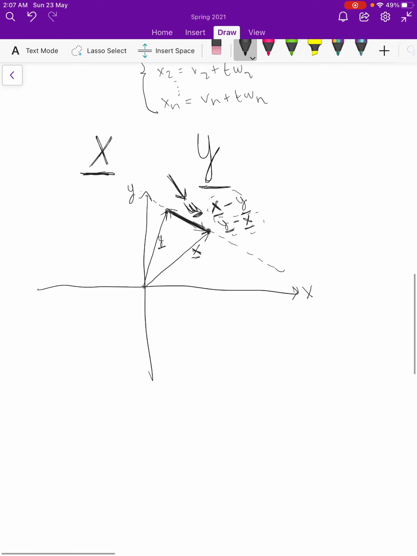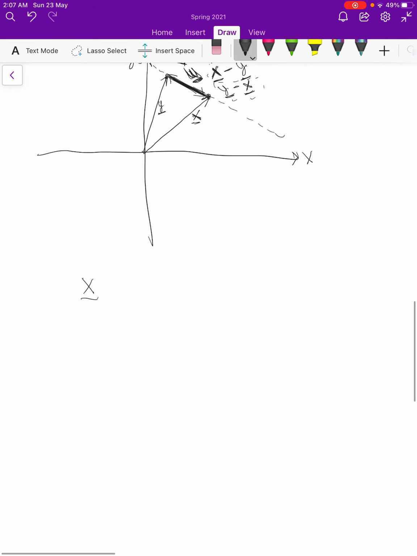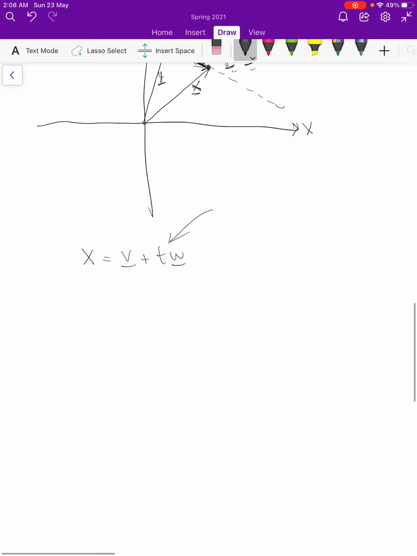Now, another concept, we talked about span in our last tutorial, but how could we use span here, you might think? Because I've defined my line with x equal to v plus t w. How can we span this? Well, to span something, it has to go through the origin for sure. Because by spanning something, every vector starts at the origin.